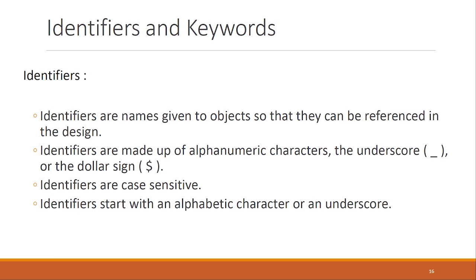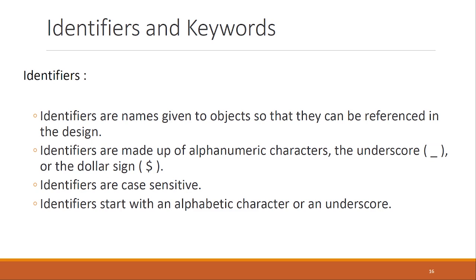And we can now look into how identifiers work in Verilog. Identifiers are names given to objects in Verilog so that they can be referenced in the design. Identifiers you have also seen in C. Identifiers are things like variable names.